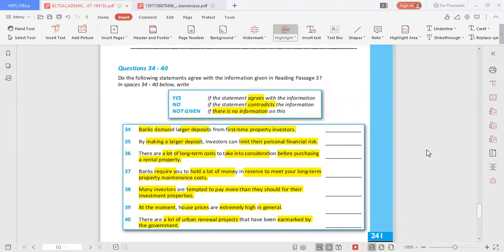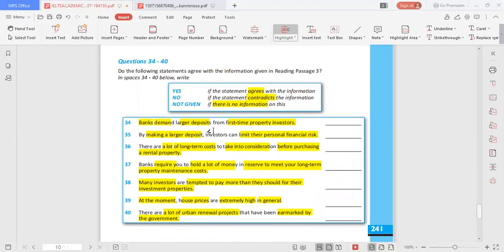You write a yes. In 35, by making a larger deposit, investors can limit personal financial risk. So let's see if we have this in the text. So we've got making larger deposit, limit financial risk.